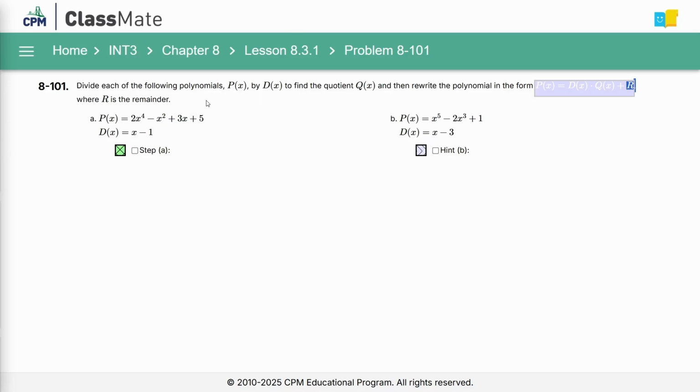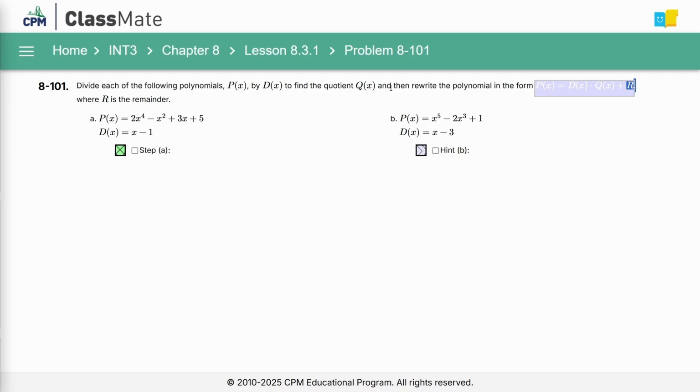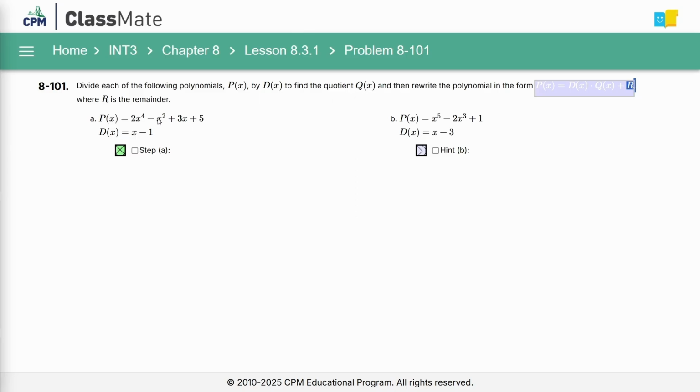Part A, we have p of x equals 2x to the 4, negative x cubed, 3x squared, plus 5. Whoa.